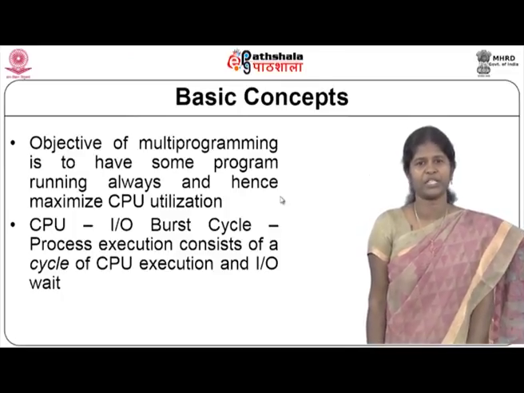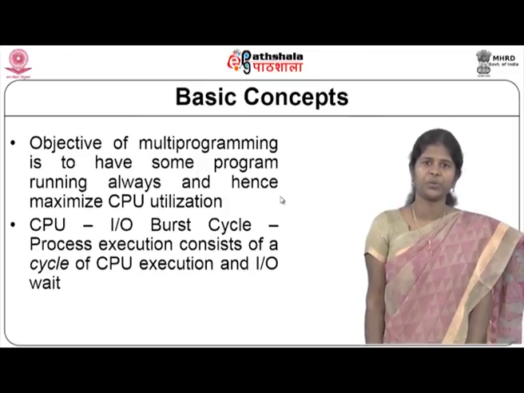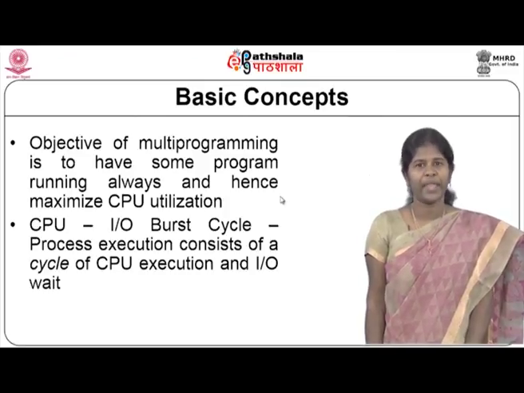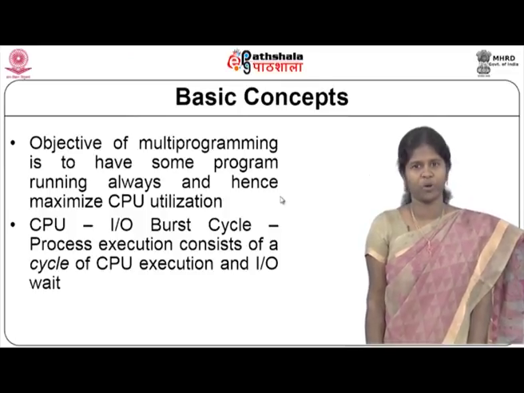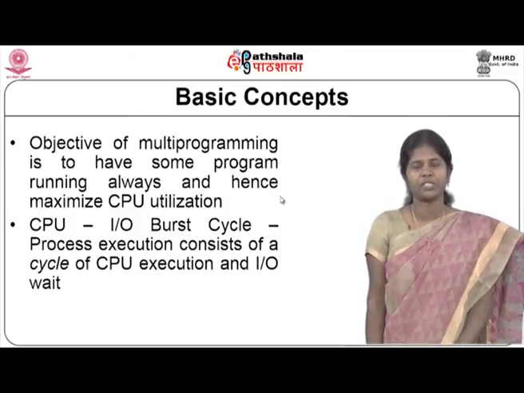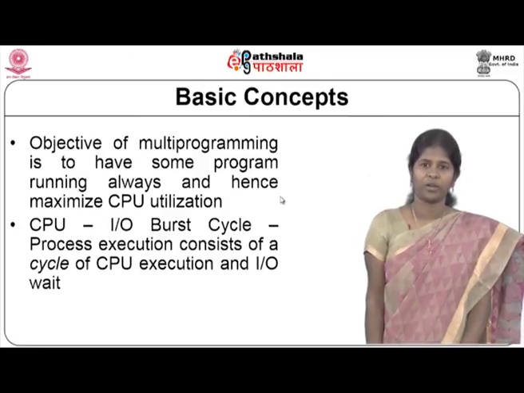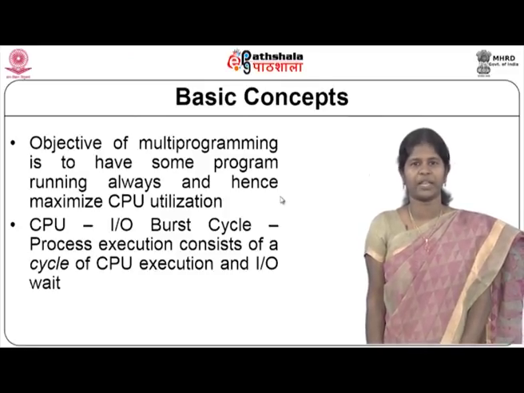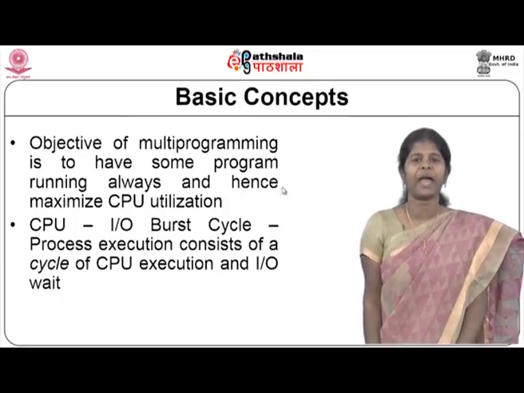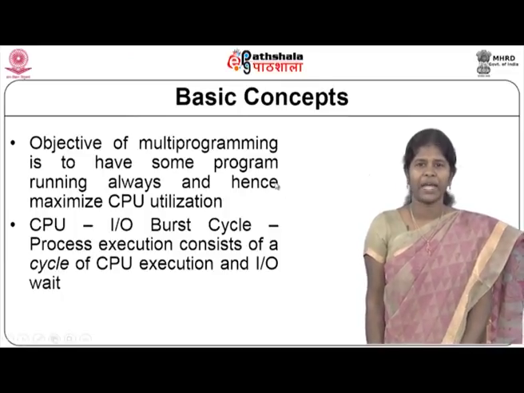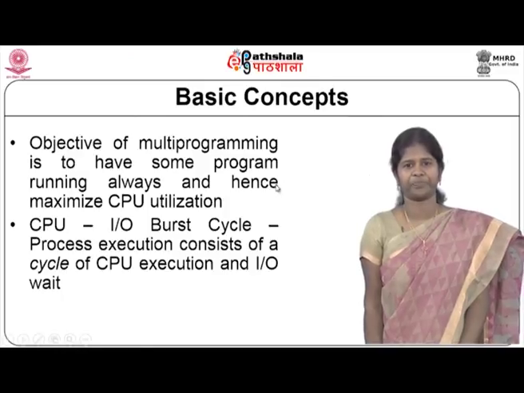And if there is a sequence of instructions that need to use only IO, then that is called an IO burst. So, in any program, you will have a sequence of CPU instructions, then IO instructions, then CPU instructions and so on, or alternate CPU bursts and IO bursts in the program.